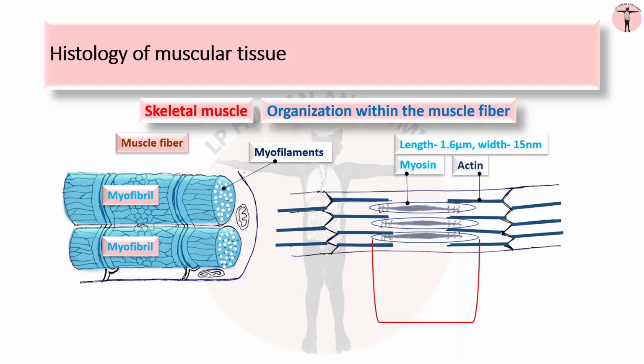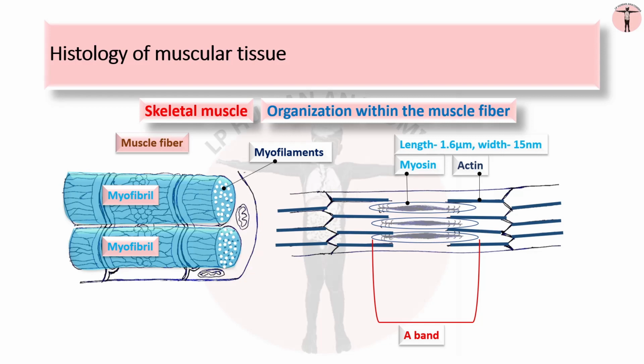The middle non-overlapping and the peripheral overlapping parts of the myosin filaments form the A band at the mid region of the sarcomere. So the A band present in the center of the sarcomere contains thick filaments and part of thin filaments overlapping with each other.